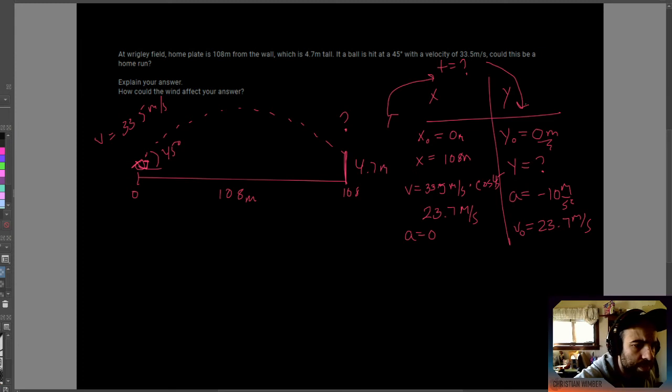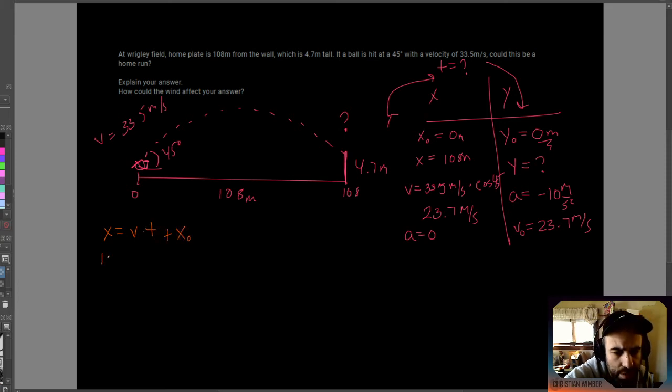So let's go ahead and do our horizontal math here. For the equation we're going to need, I don't have an acceleration. I do have a velocity. I do have position. So the only equation that works for that is position is equal to velocity times time plus initial position.